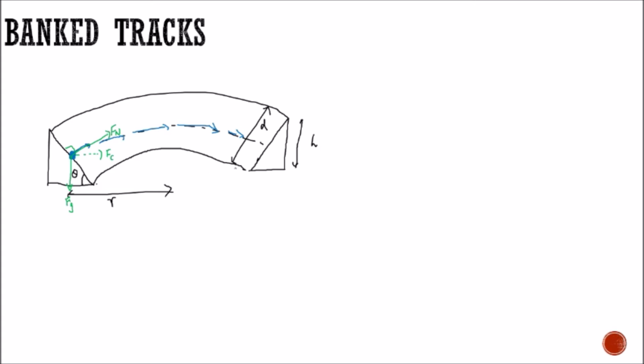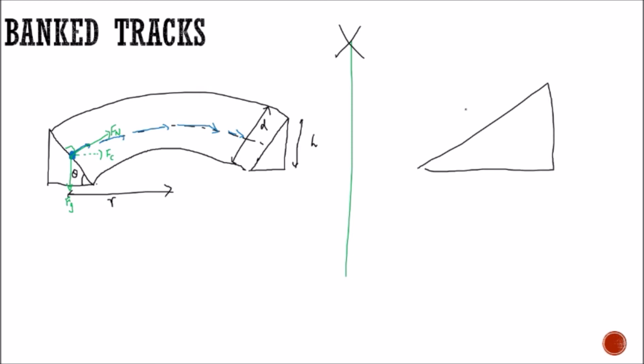Now, a quick aside, I want to be very clear here that this is not the same as this case here, where you have an object sitting on a slope and it slides down the slope. That is not what's happening here. This object is not sliding up or down the slope. It is maintaining the same height, so to speak, along the curve.